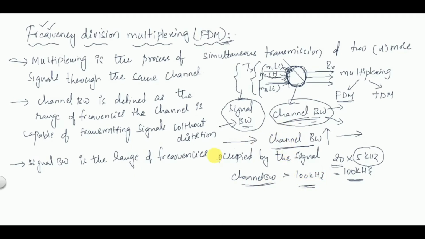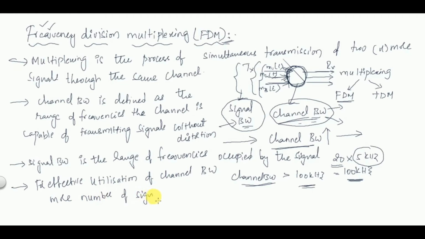Okay, so for effective utilization of channel bandwidth, more number of signals must be multiplexed.